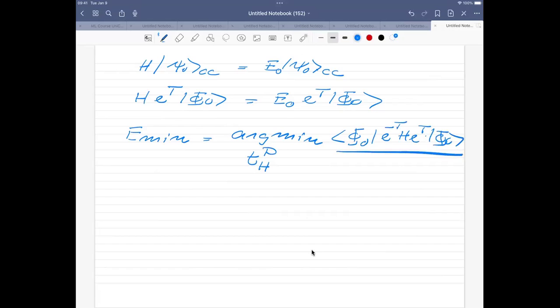And this would then be divided by the state psi 0 with psi 0 here. Now, the wave function depends on these unknown amplitudes in a nonlinear way. So this psi 0, for coupled cluster theory, the ansatz, depends on the unknown coefficients, T^H, T^P, in a nonlinear way through the exponential ansatz.